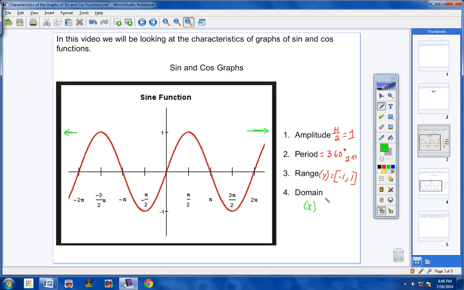So we would say the domain goes from negative infinity. That's a symbol. It looks like a sideways 8, but it's a symbol for infinity, okay? So the domain goes from negative infinity to positive infinity. And I used parentheses instead of brackets because whenever you're dealing with infinity, you always use parentheses, because it's non-inclusive. In other words, it continues on and on and on.